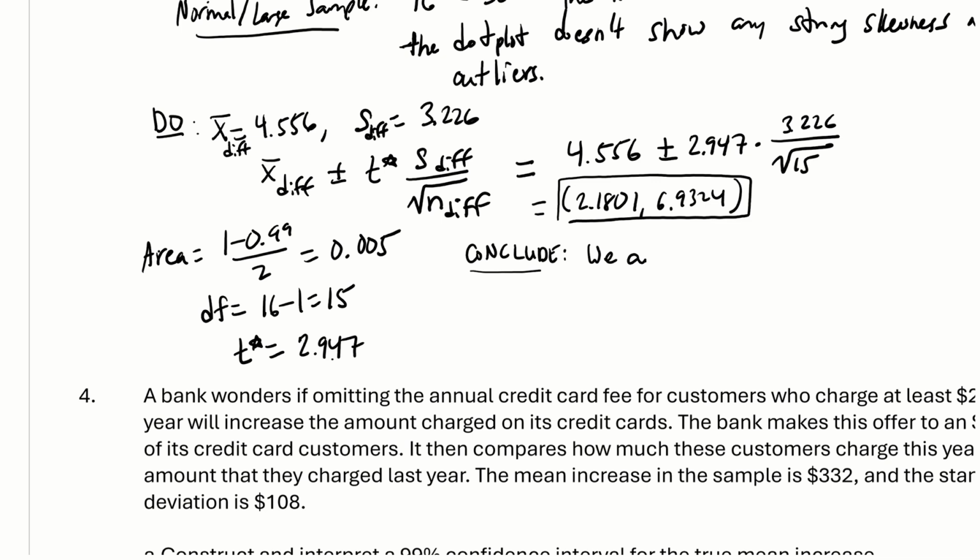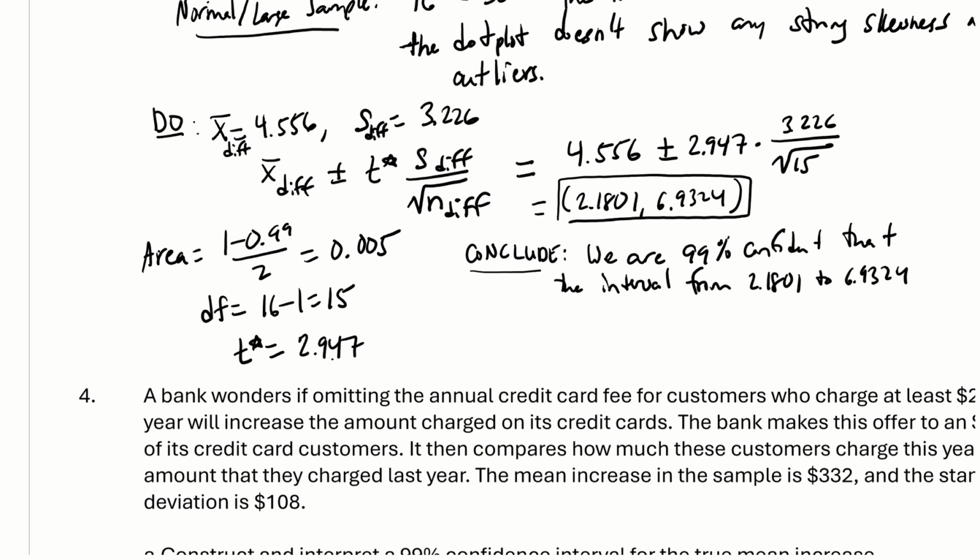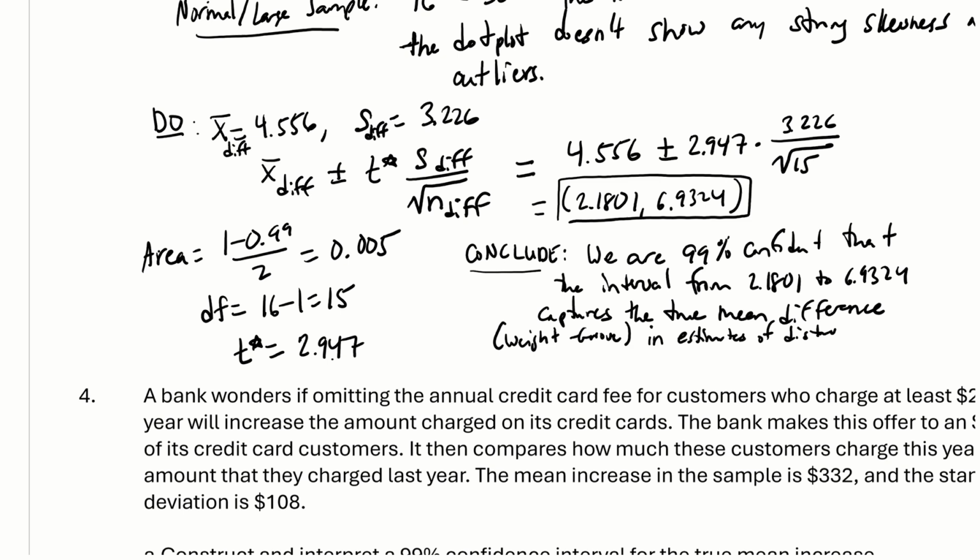We can say we are 99% confident that the interval from 2.1801 to 6.9324 captures the true mean difference, weight minus groove, in estimates of distance traveled.